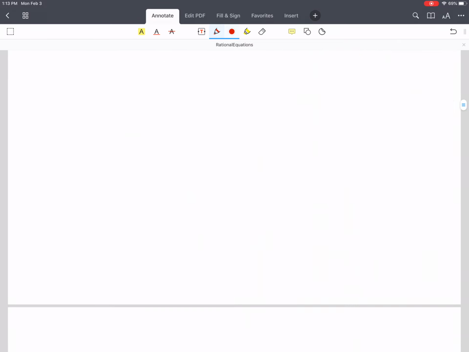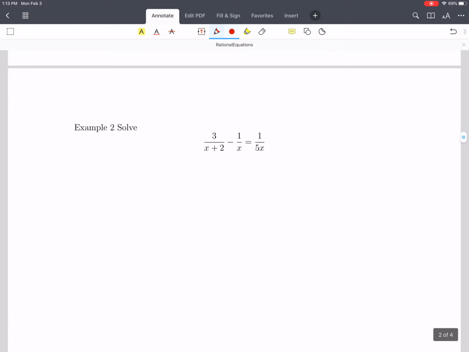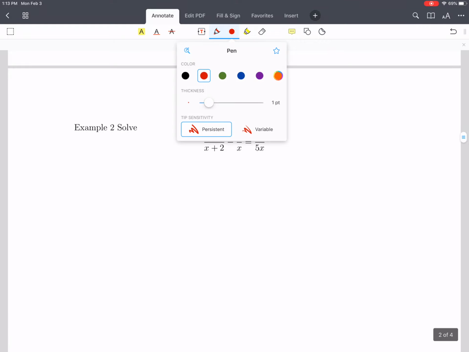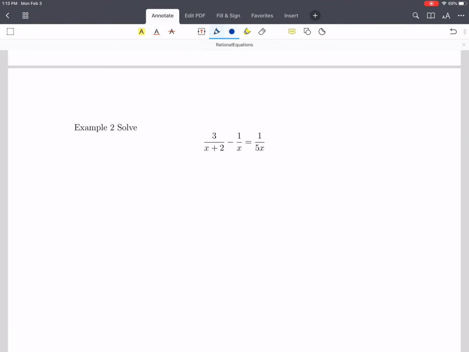But with more complicated examples, you might have more than one denominator. And like we mentioned, we were going to find the LCD. So the least common denominator here, I have x plus 2, I have x, and I have 5x. So my least common denominator is 5 times x times x plus 2.